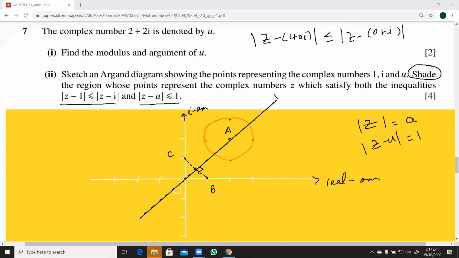Okay. Now it says Z is nearer to 1 than to iota. So this is your 1 over here. Okay. This is your iota over here. And it is inside the circle. So this is the area which is representing the complex number Z. Do you agree with this or not?